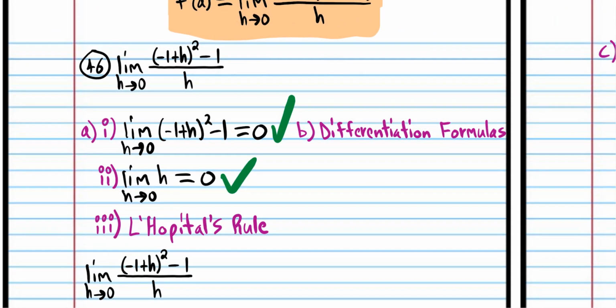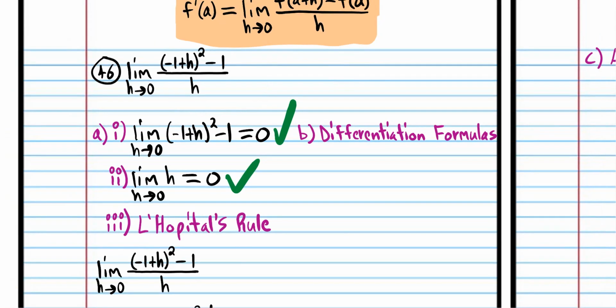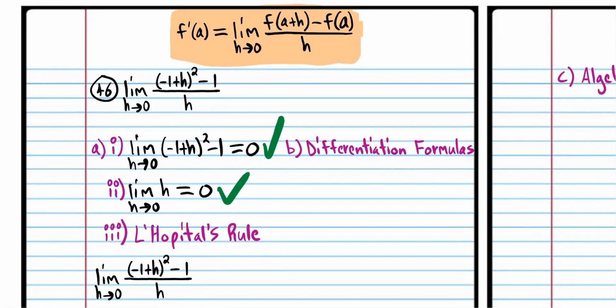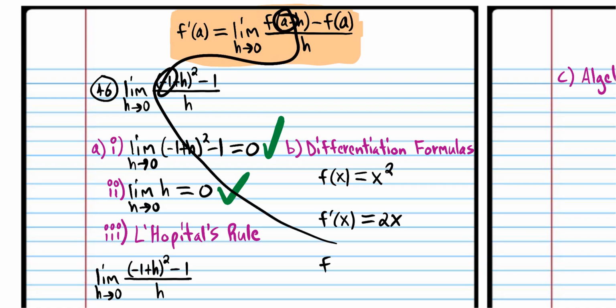Using the differentiation formulas. If I recognize this as the derivative of the x squared function with -1 plugged in, because I think about this formula here, that's going to be faster. So if f of x is equal to x squared, then f prime of x is equal to 2x, and we have this -1 here. That's a, so we're trying to find the derivative when x is equal to -1.